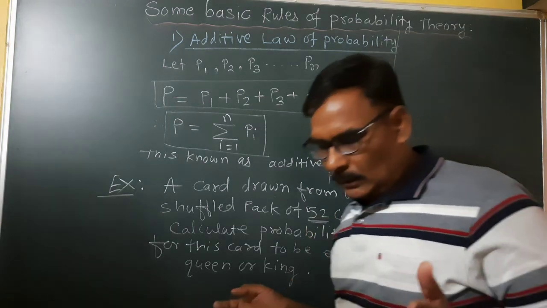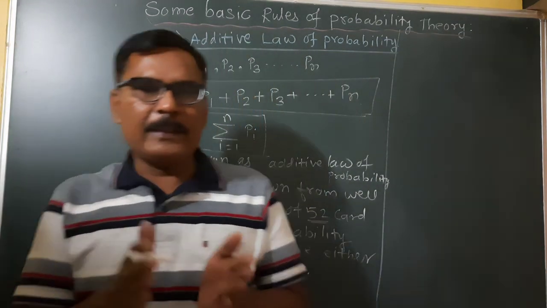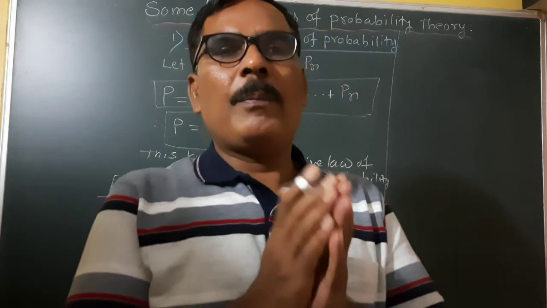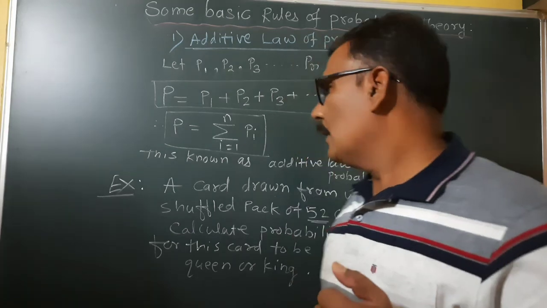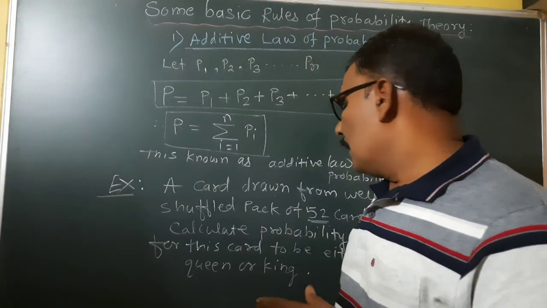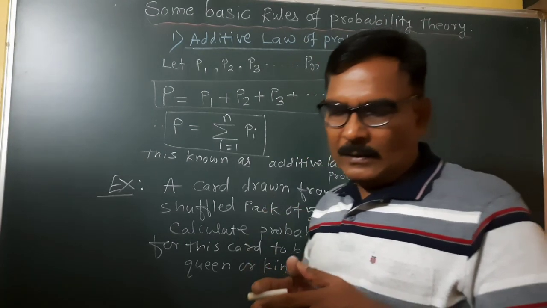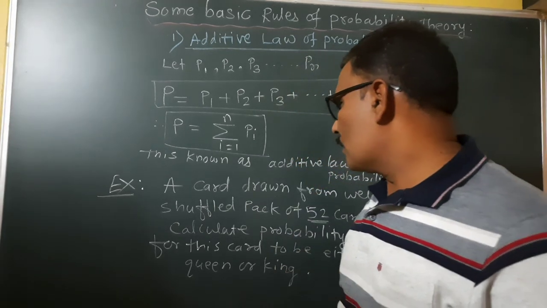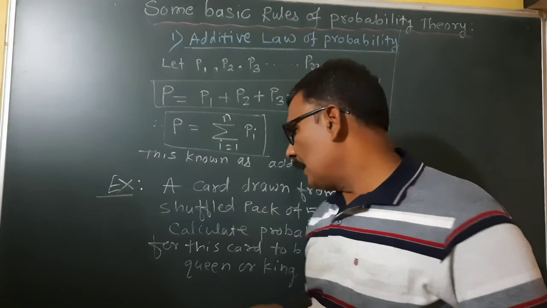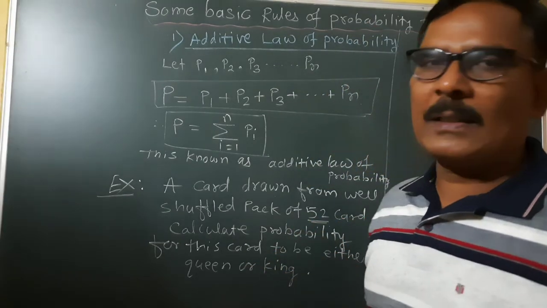We know the deck consists of 52 cards, and in that there are 13 cards of each suit, say hearts, then spades and so on.